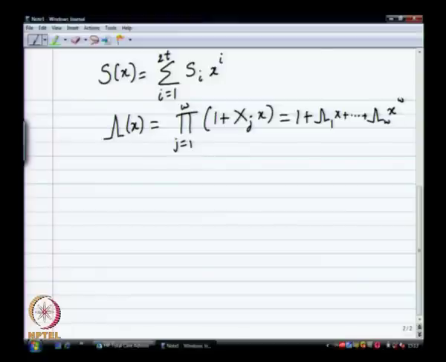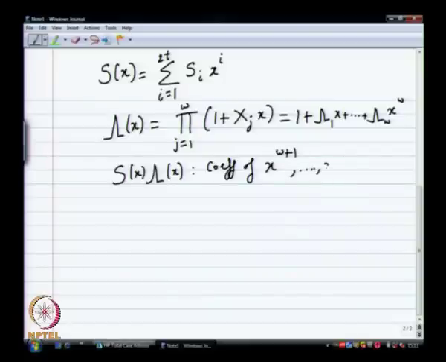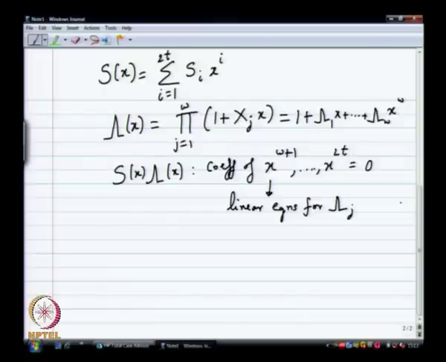And then it turns out you can show in the product s of x times lambda of x, the coefficients of x power w plus 1 through x power 2t equal 0. So this gives you linear equations for lambda j.